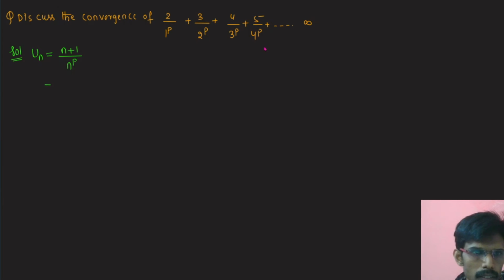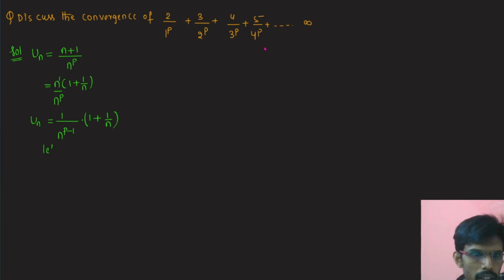Now take n common from the numerator. We have 1 plus 1 by n. In the denominator we have n power of p. Now send this n power of 1 to the denominator. This will become 1 by n power of p minus 1 into 1 plus 1 by n. This is the value of un.